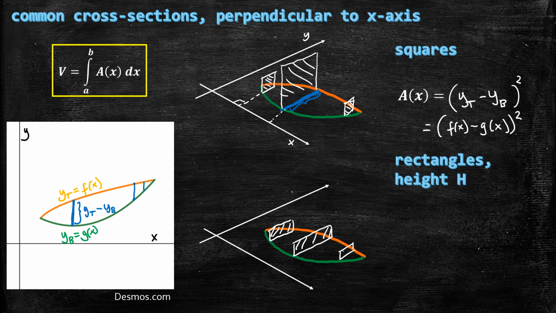And clearly what everything hinges on is the base times height. Once again, the base is just yt minus yb, and then the height is h. So we would multiply yt minus yb by whatever h is, whether it's a constant or a function of x.